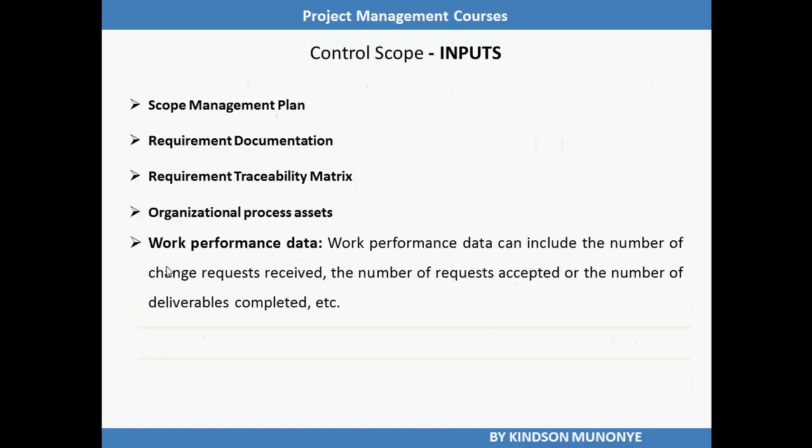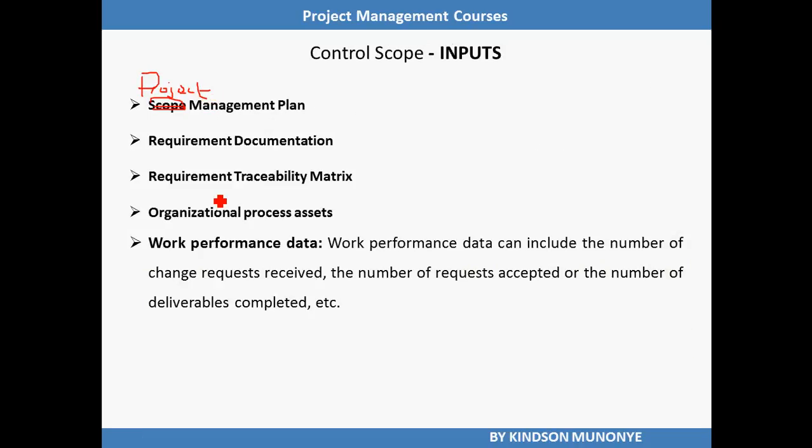Alright, we have project management plan as an input. Although we know that scope management plan is a subsidiary of the project management plan, the PMBOK guide specifically mentioned that the input should be project management plan and not the scope management plan.